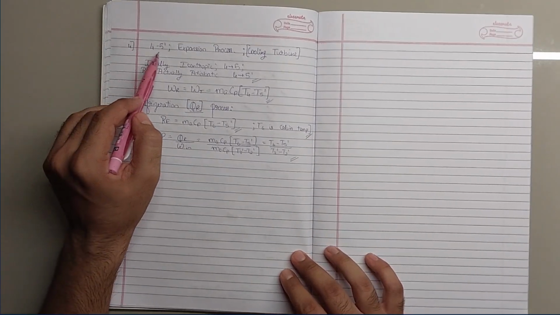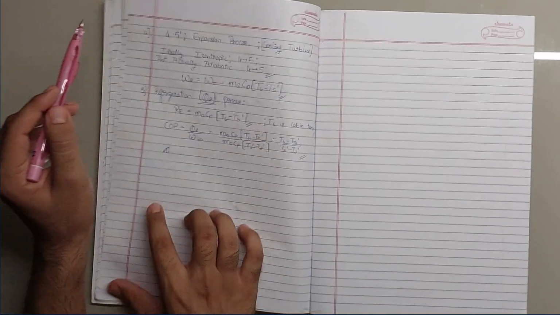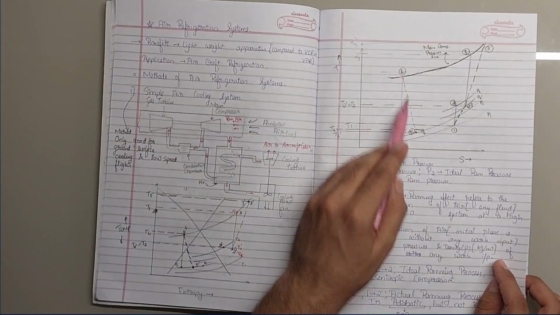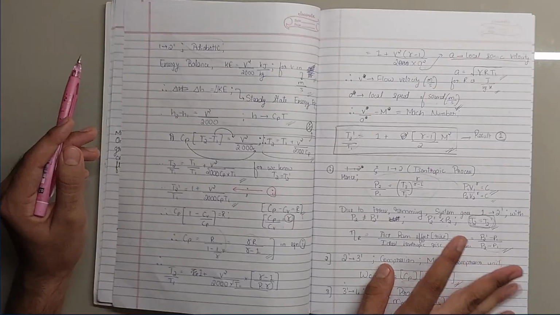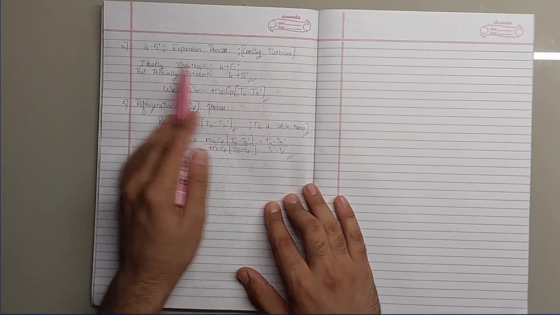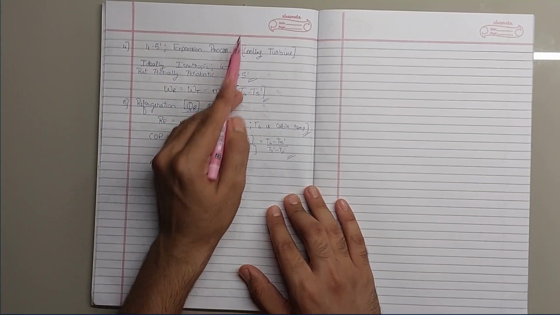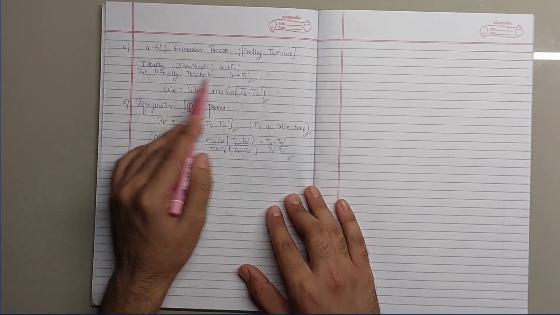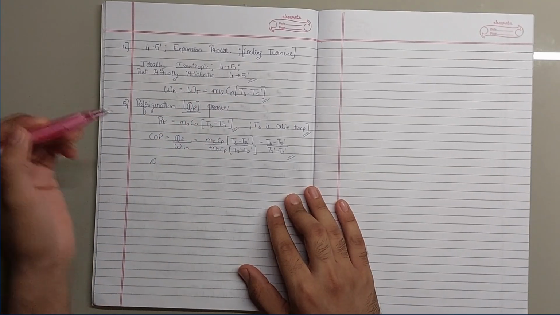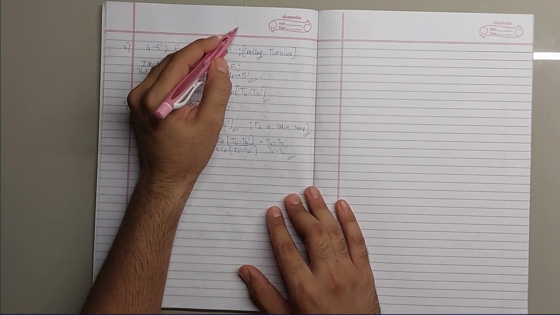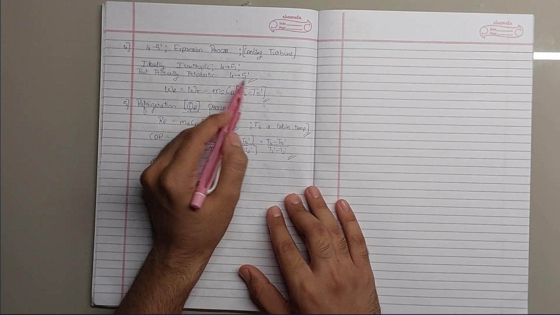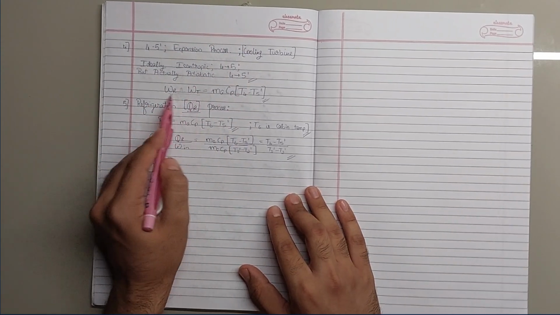Now we'll talk about the 4 to 5 dash process, which is the expansion process. Ideally it is isentropic, so it should be a straight line 4 to 5, but actually it is adiabatic due to the irreversibilities in the system, so it comes like this. It goes to 5 dash, wherein there is turbine work.